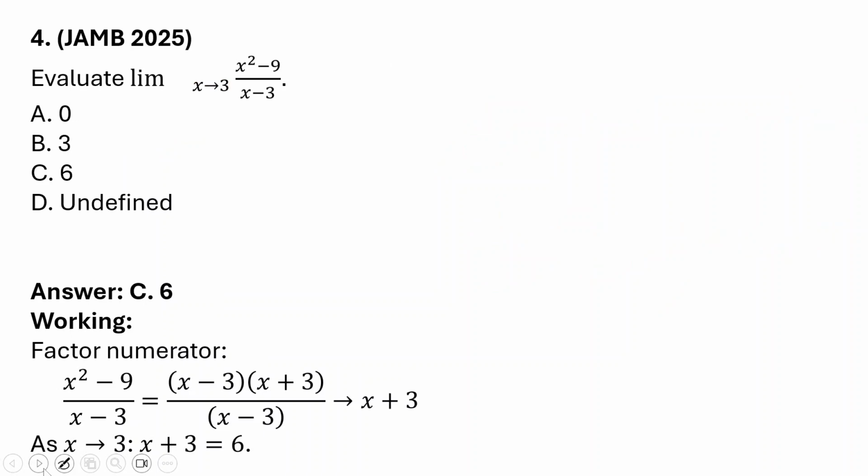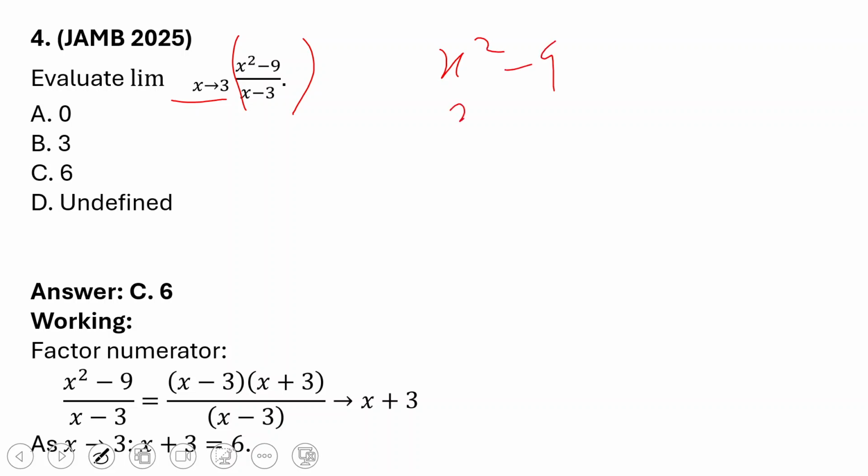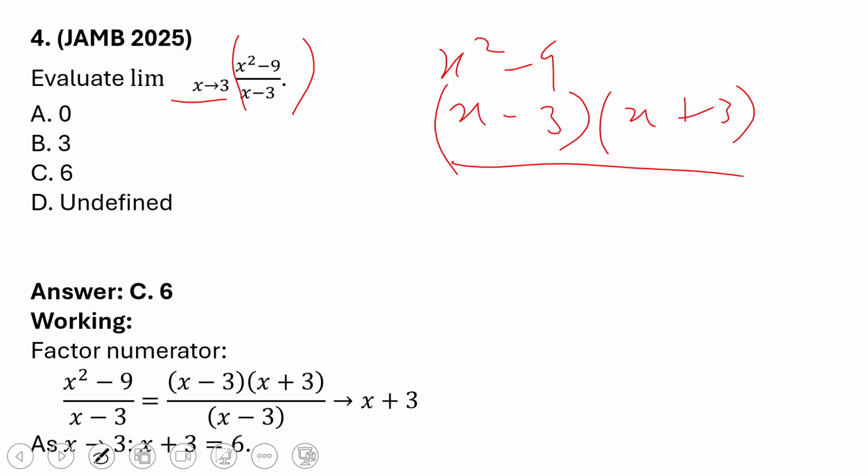Number 4 here still mirrors 2025 JAMB. It says the limit as x tends to 3 of this function, what will it give you? Again, it means that you should substitute x as 3 into this expression. But the first thing we'll do is to factorize the numerator. The numerator here is x squared minus 9, so I have x minus 3 and x plus 3, which is a difference of two squares, all over x minus 3.